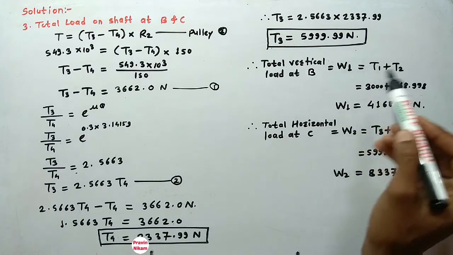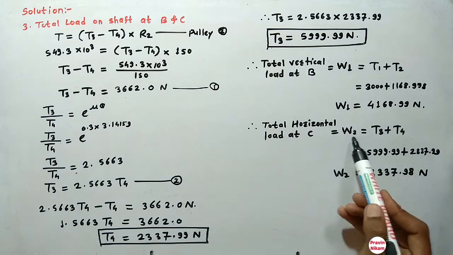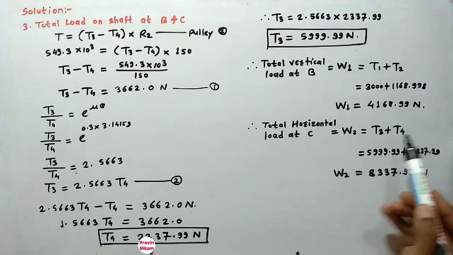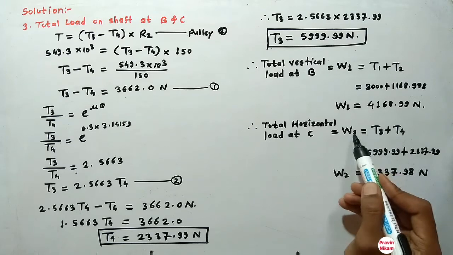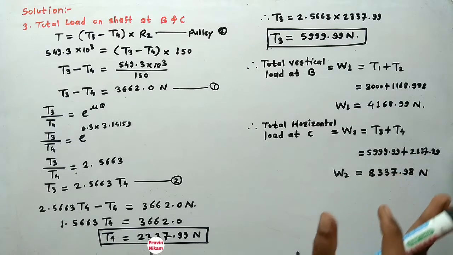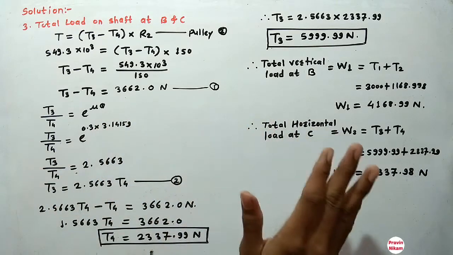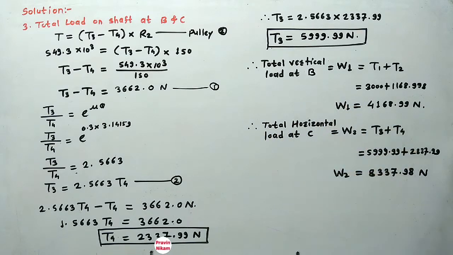If weight of pulley is given, then plus WP1. And W2 is equal to T3 plus T4 plus WP2. But here WP is not given, so the formula becomes W2 is equal to T3 plus T4. So remember this. This is the total load on shaft at point B and at point C. So remember these values.